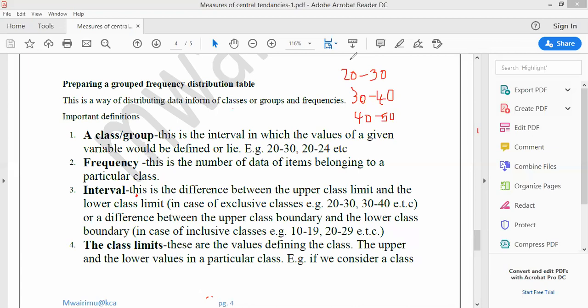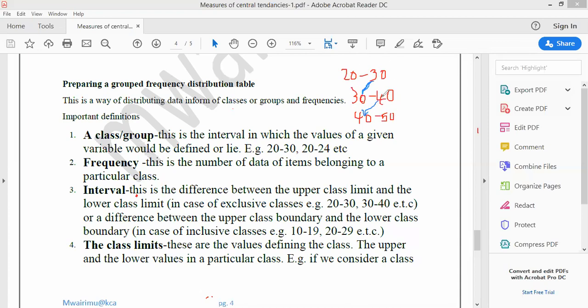If you're keen on how I have labeled my classes, you'll observe that the value 30 appears as the larger value in this first class, and I also repeat it in the next, adjacent class. Value 40 here has been repeated to appear as the lower value in this other class.